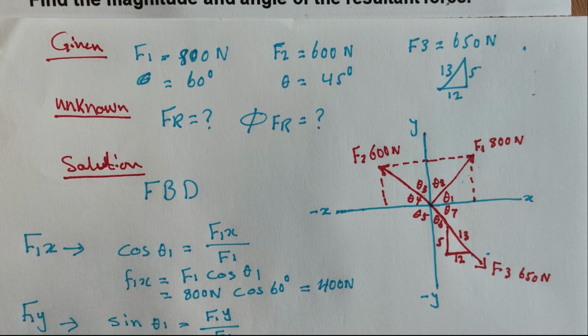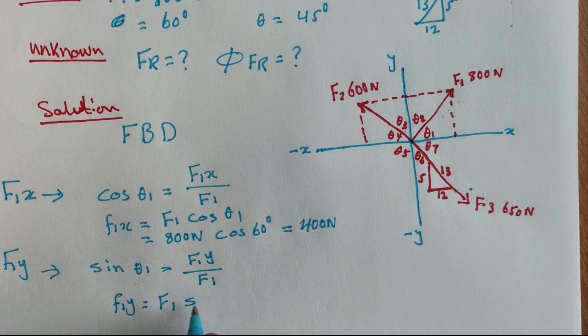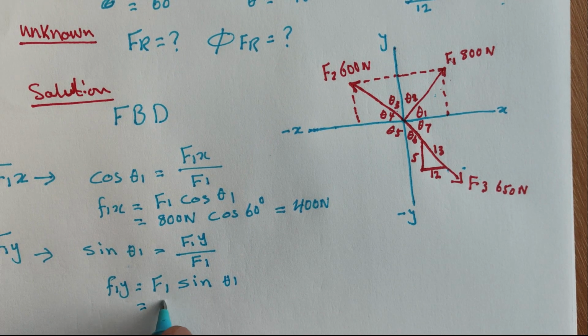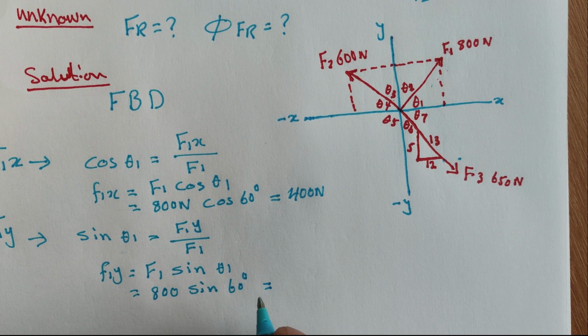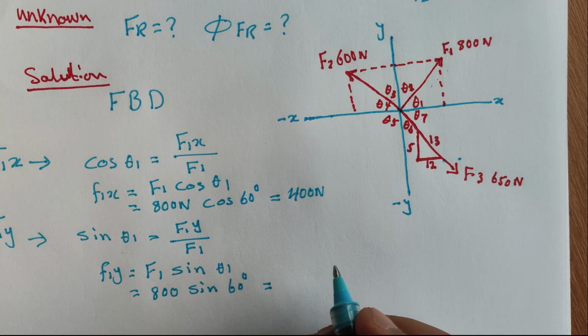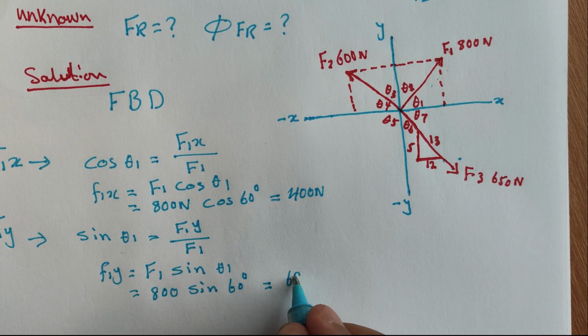Solving for F1y, that equals F1 sine theta 1, which equals 800 times sine 60 degrees. All of that should equal 692.8 Newton.